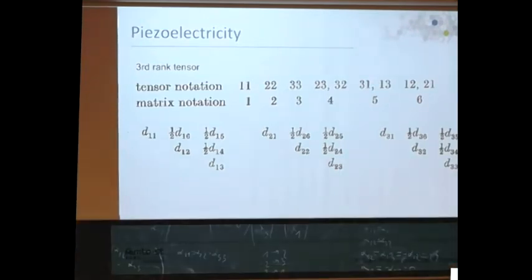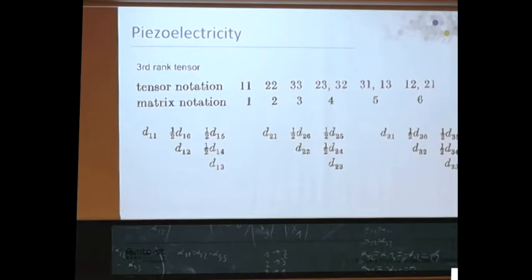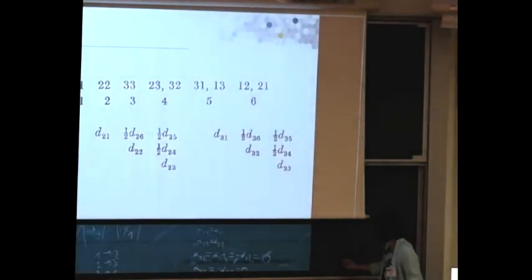Instead of sigma 1, 1, we write sigma 1, sigma 2, sigma 3, sigma 4, sigma 5, and sigma 6. Then we just repeat sigma 6, sigma 5 and sigma 4 because it's symmetric.